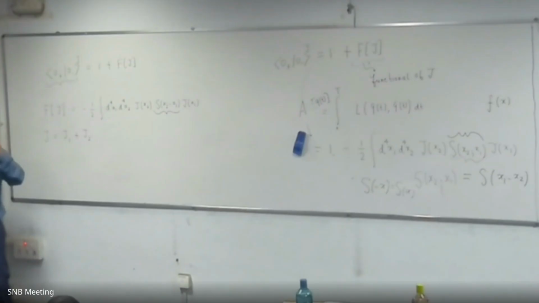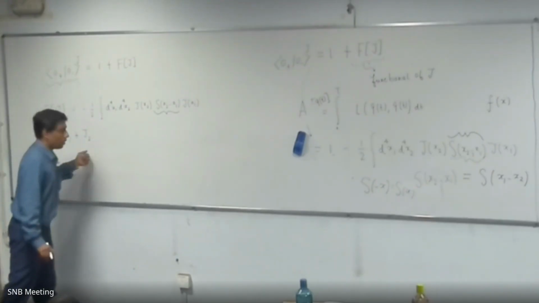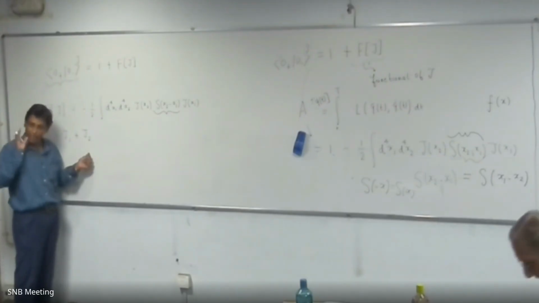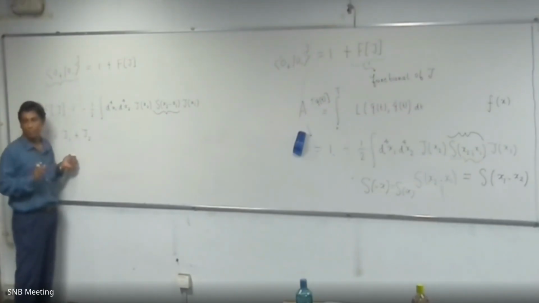Please write it down. What do I mean by that? j2 acts first for a certain period of time, and then when j2 ceases to act, j1 acts.